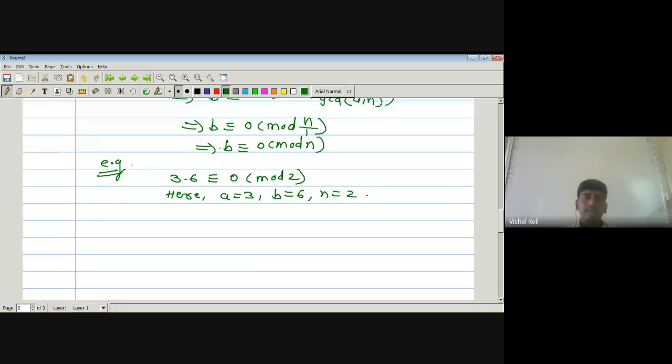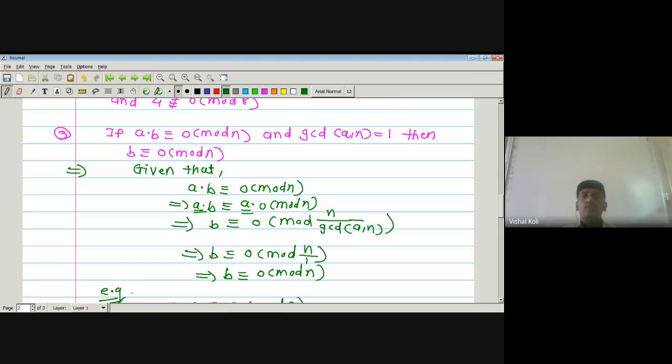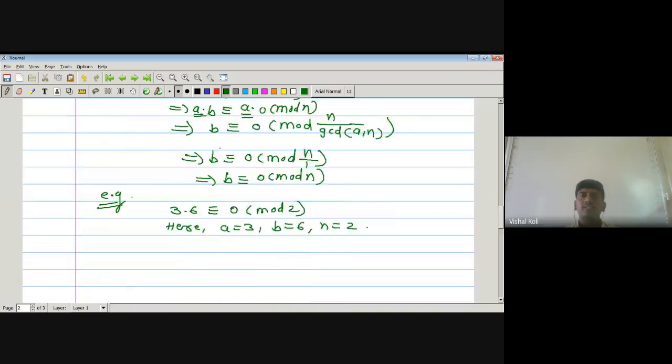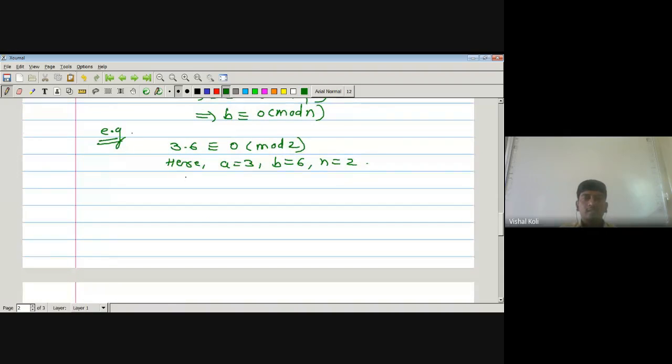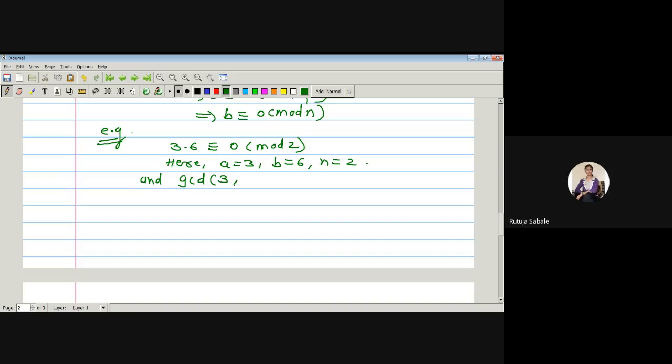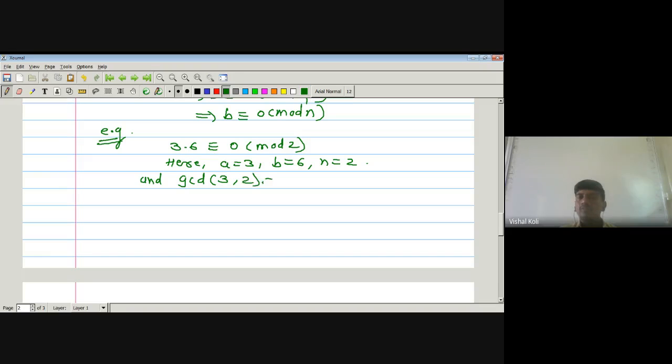So here we get a into b is congruent to 0 modulo n. We just have to check whether GCD of a and n is 1. Here a is 3 and n is 2. Are these two numbers relatively prime? Yes, sir. So 3 into 6 is congruent to 0 modulo 2 and GCD of 3 and 2 is 1.